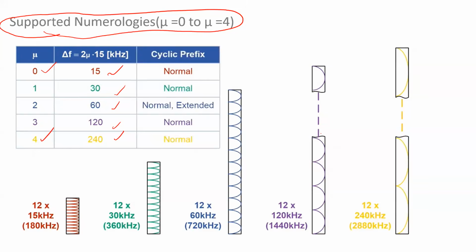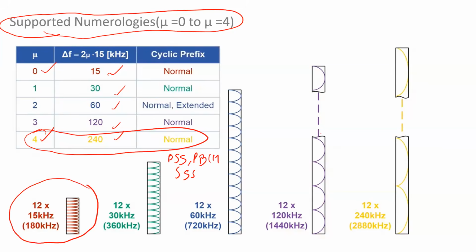But just don't give too much importance to subcarrier spacing 4, because this subcarrier spacing is used for only sync channels like PSS, SSS, or PBCH. So no data is transmitted on this numerology number 4. So here we are talking about creating what is called the physical resource block, or you can say PRB.